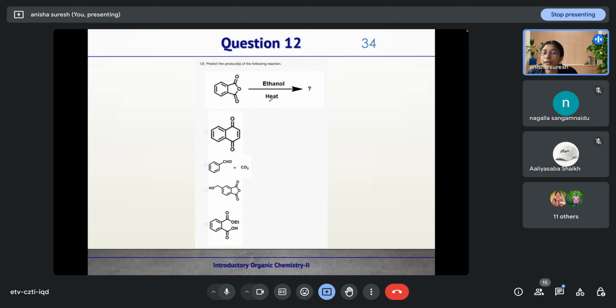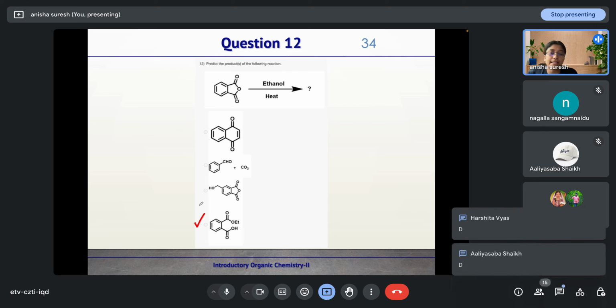So what will be the product that we will get? Option D. So we will see the mechanism.